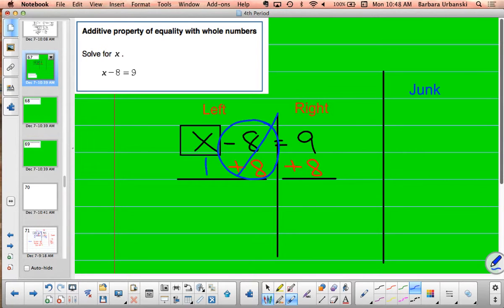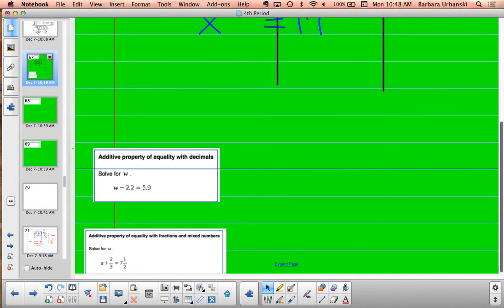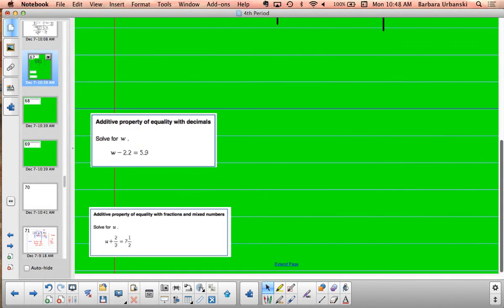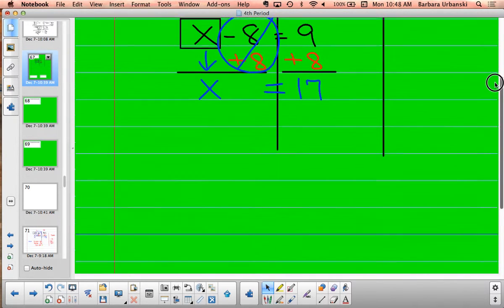Then I always tell the students, draw an arrow down because what you do have left is the x by itself, which is exactly what you wanted. And then you have 9 plus 8, which is going to give you 17. Now, we, of course, know that that is the correct answer. However, I want to make sure the students are going to check their work.